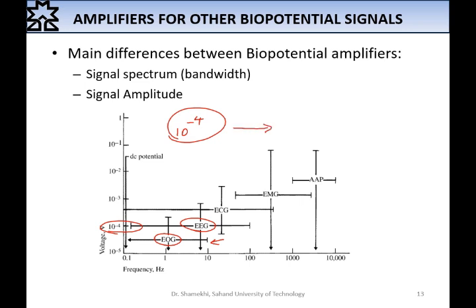Therefore, if you want to reach 1 volt, you need an amplifier with a gain of 10,000. But as you can see, ECG's voltage amplitude is something like this, and only a thousand of gain is enough to reach 1 volt at output.